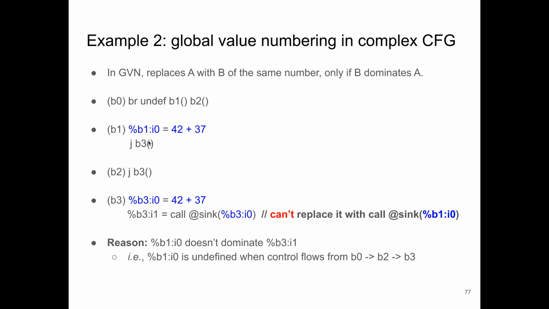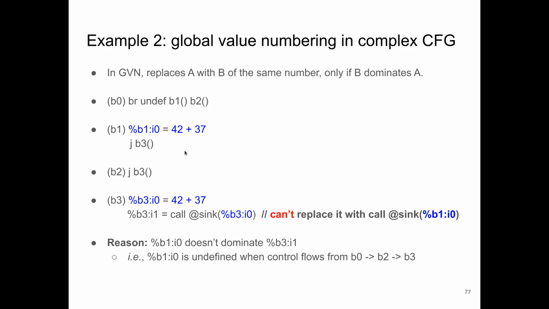So when B3's I0 is replaced with B1's I0, it is an ill-defined, ill-typed program, because when the control flows from B0 to B2 to B3, B1's I0 is not defined in this execution. So in this program, we should never replace B3's I0 with B1's I0.